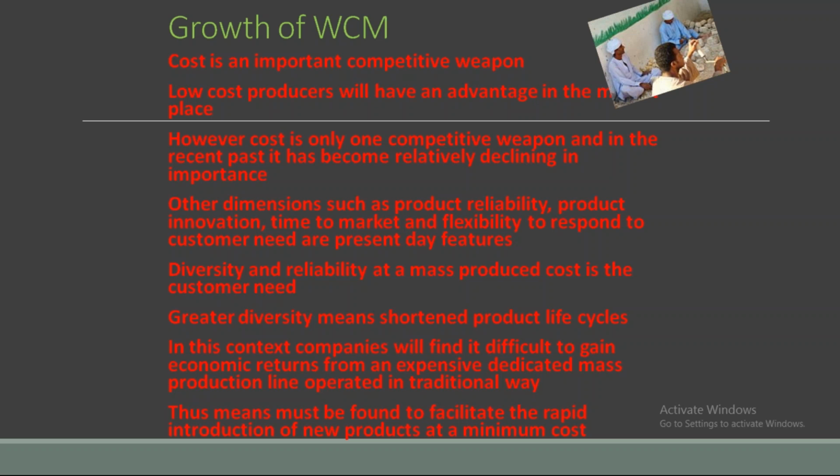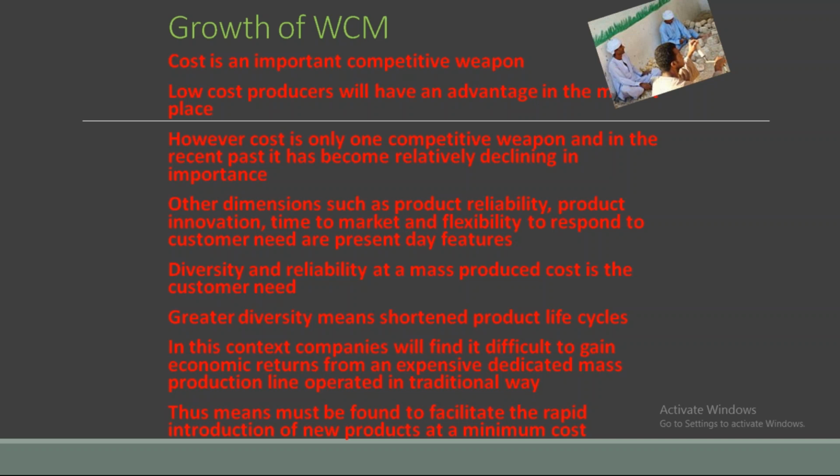Even the old products come up in new packaging. Take biscuits, for example. It's almost the same thing, but they come out with new things all the time, right? And time to market and flexibility to respond to customer needs. So these are the new scenarios the business will have to deal with.